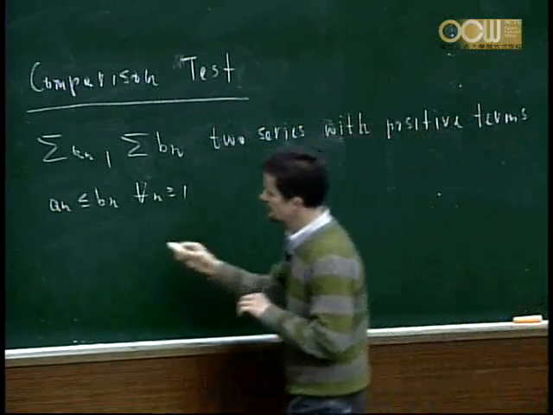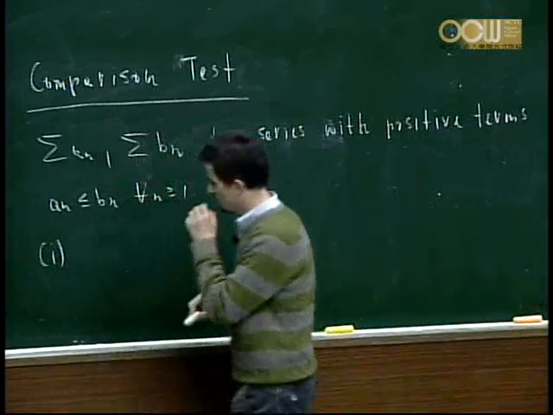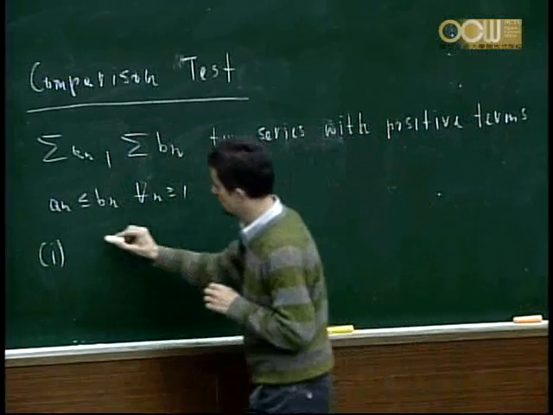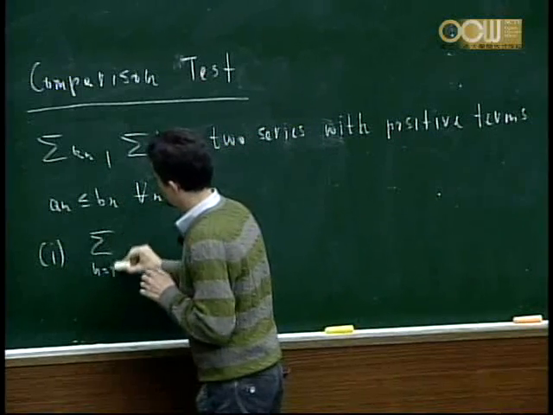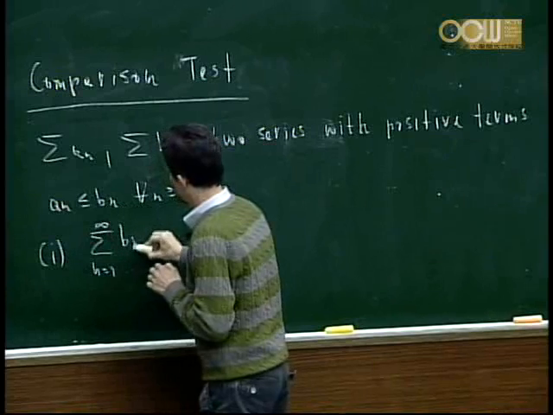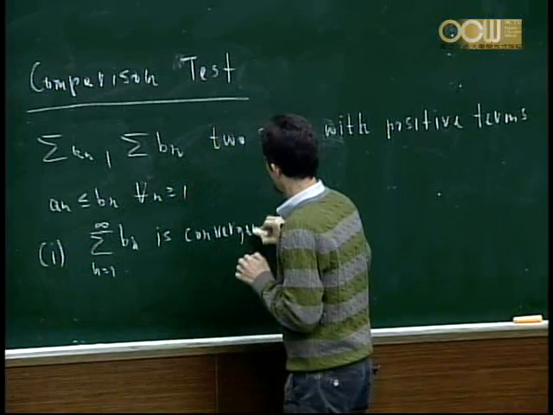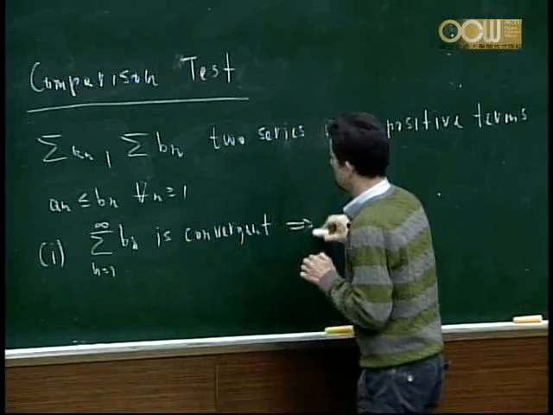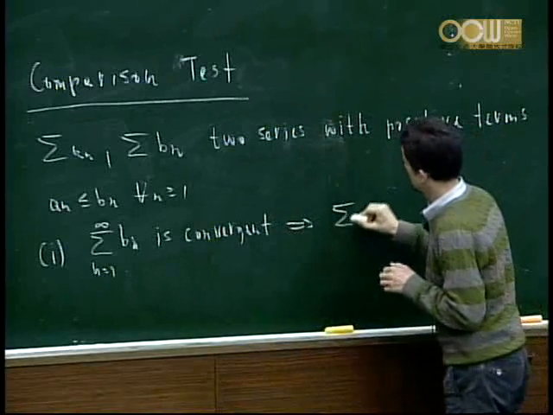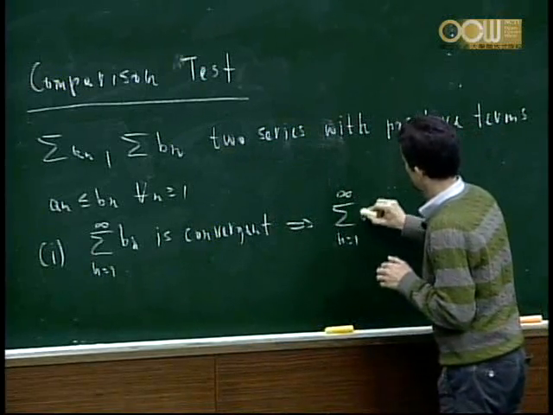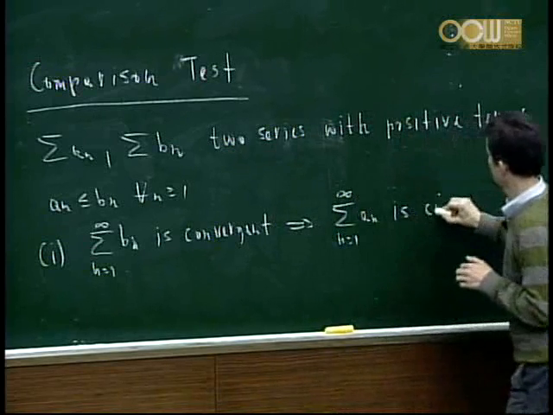Now what our result tells us is, if you know that the series over bn is convergent, then the series over an is convergent as well.